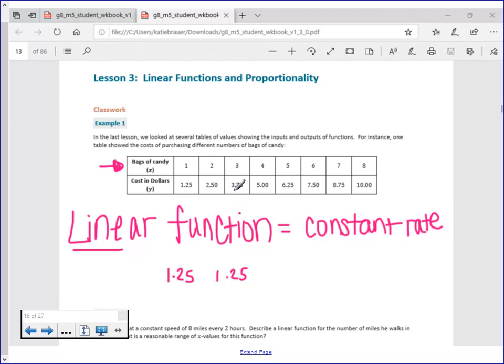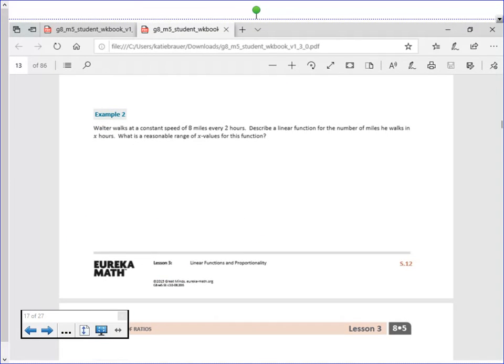If you got 375 divided by 3, and you can start checking these because I don't know that off the top of my head, I'm still getting 125. So as far along as I go, one bag of candy is still only going to cost $1.25. So that means we have a constant rate of this 125. That's how you know it's a linear function.